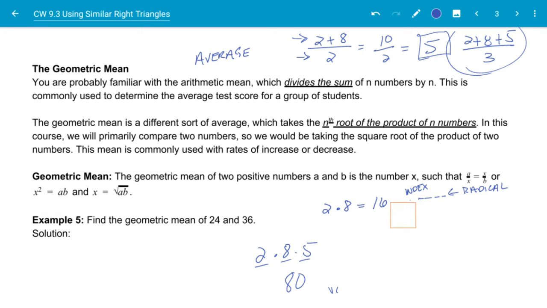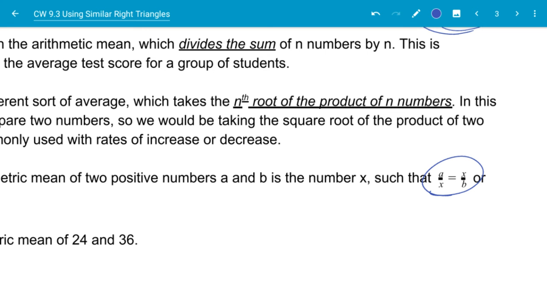So let's take a look at number 5 there. The geometric mean, they explain it in this because we're talking about a ratio.